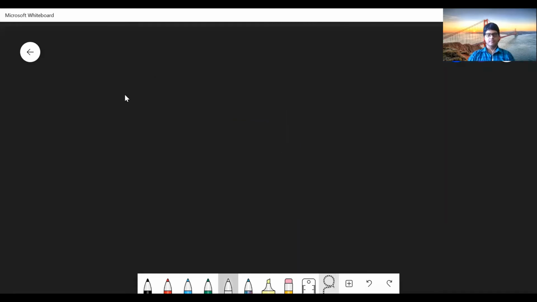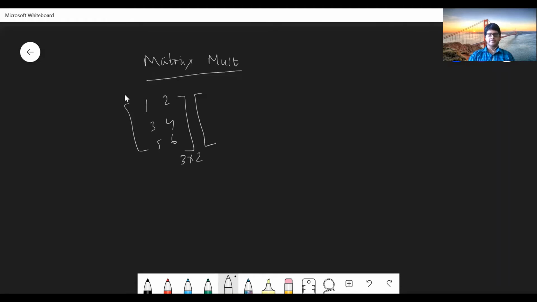So I have talked about conformable and commute for matrices. Now let us go to matrix multiplication actually. Given a matrix, let's say 1, 2, 3, 4, 5, 6, let me multiply it with a matrix. This is of the order 3 cross 2, so this will be 2 cross something. Let me multiply it with a 2 cross 1 matrix, 1 and 2. How to multiply two matrices?